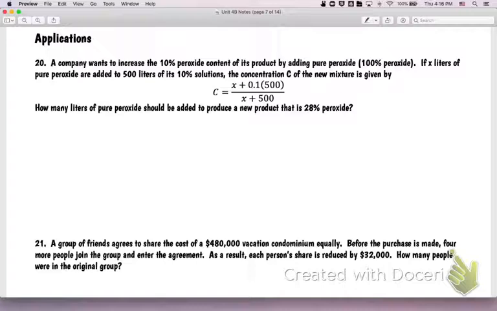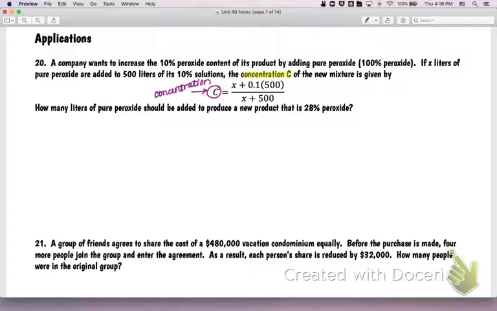First thing, we have to make sure we know where to plug these numbers in. So let's look at the equation here and make sure that we understand what we're looking at. Now, they told us the concentration is C. So C is the concentration. Like, how strong do we want it to be?